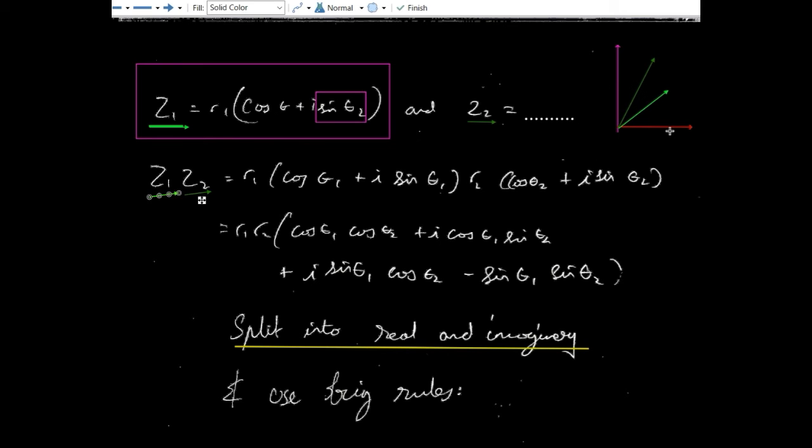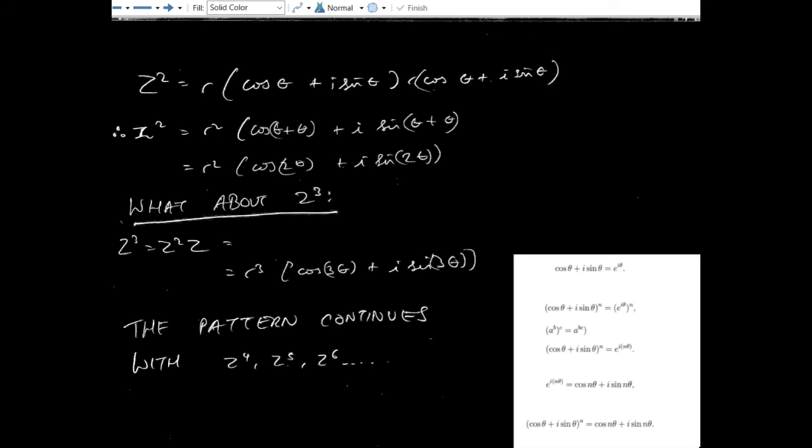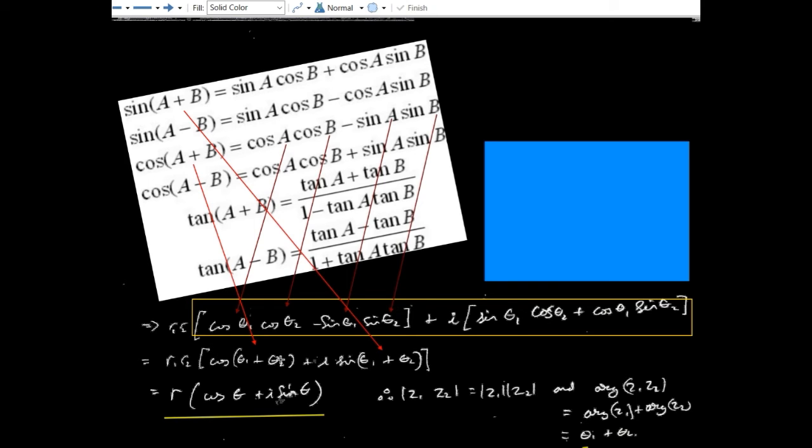It is not a vector per se, but you've got your two complex numbers represented on this Argand diagram, and when they are multiplied together, all you need to do, as we've shown here, is add the angles. Cos has not changed, sine has not changed, the thetas have been added together. And the lengths, the magnitudes, are multiplied.